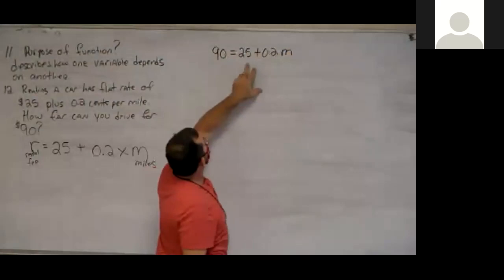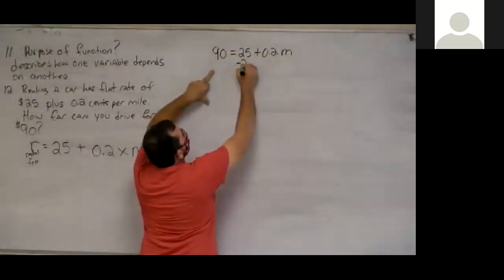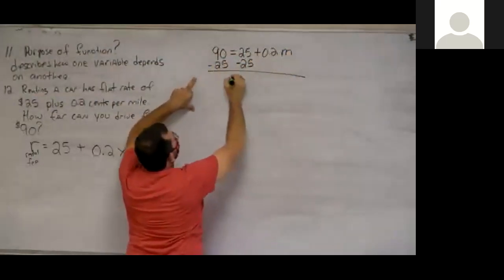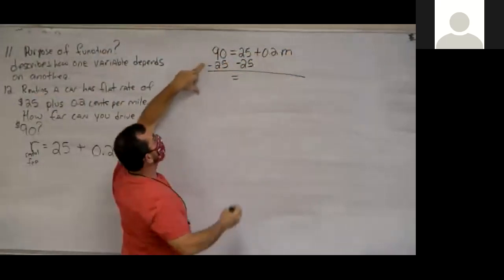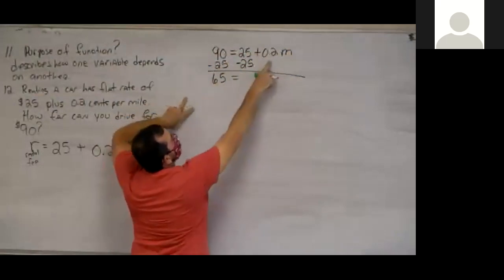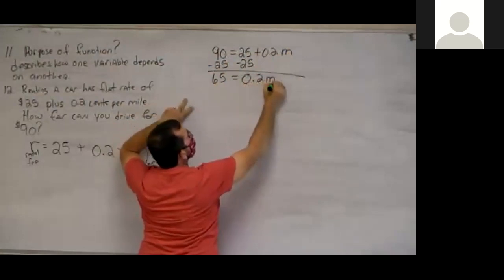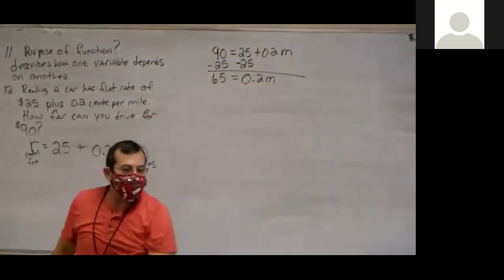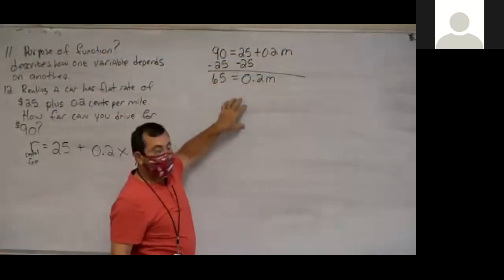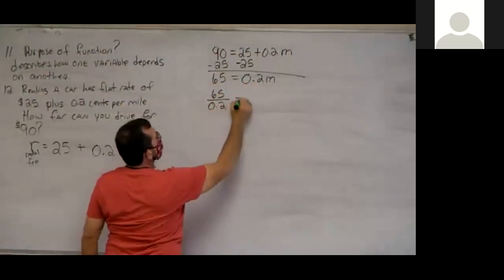To solve this for the M, we're first going to subtract 25 from both sides. What's 90 minus 25? 65. Now, all that's left over here is the 0.2M. I'm going to divide both sides by 0.2, because anytime you multiply, you undo that by dividing. So take the 65, divide by the 0.2.